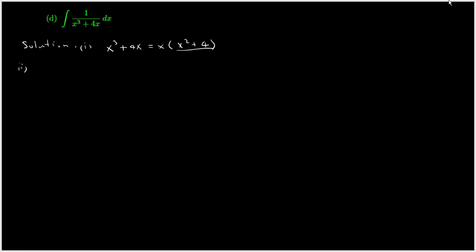And then our job is to write the form of partial fraction decomposition. The given integrand is 1 over x cubed plus 4x. So have you realized what we are doing?